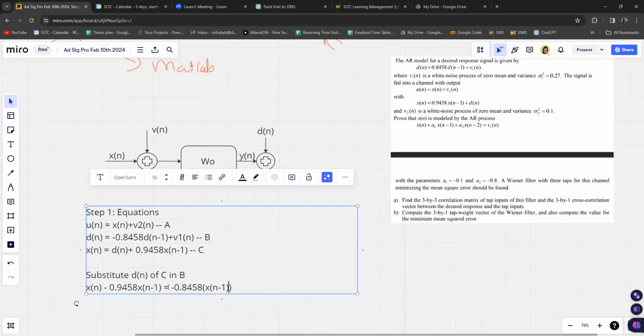in here, dn minus 1 is considered. Once you substitute dn minus 1 in here, we have to take the relationship between xn minus 1 in here and xn minus 1 minus 2 in here.